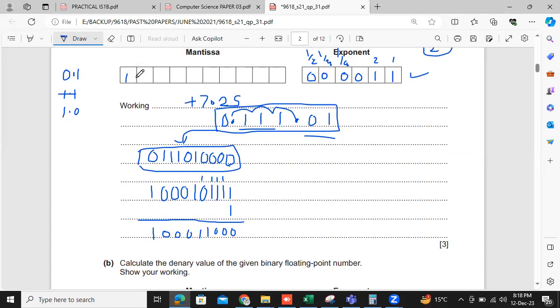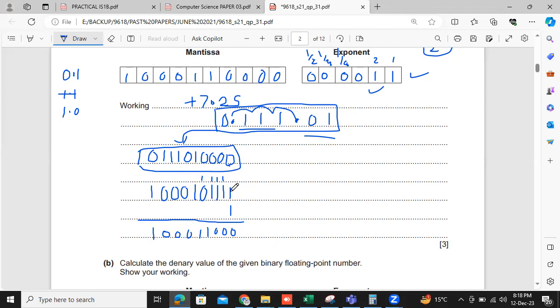I get 1, 0, 0, 0, 1, 1, 0, 0, 0, and probably another 0. So this is what we get for the mantissa, and this is for the exponent. I hope it's clear.